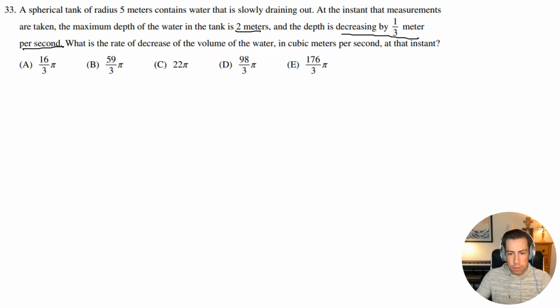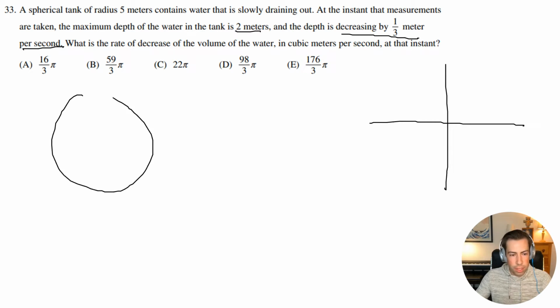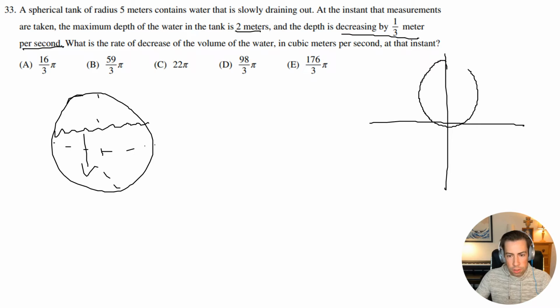So what I want to do here is figure out what this looks like. It's a spherical tank, right? It's kind of hard to draw a sphere, but essentially it has this water level and it's decreasing. If we look at this in 2 dimensions, essentially what we have is a circle.